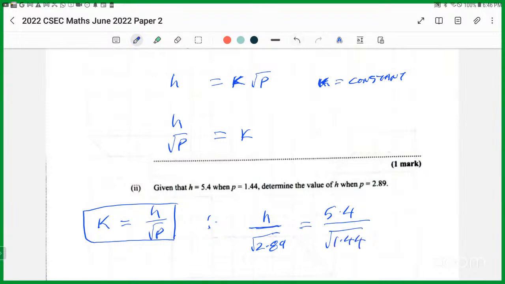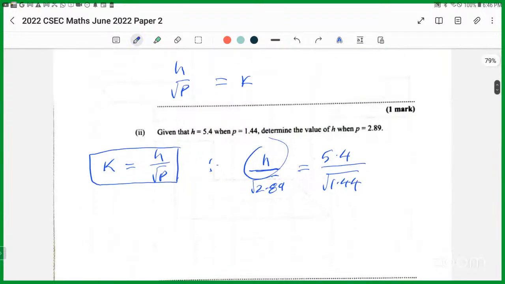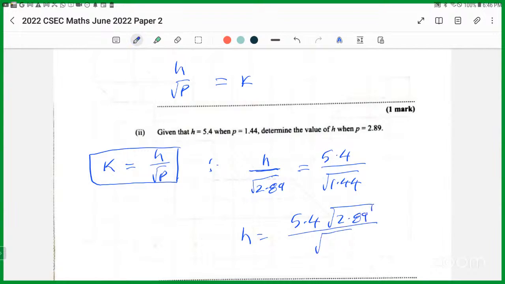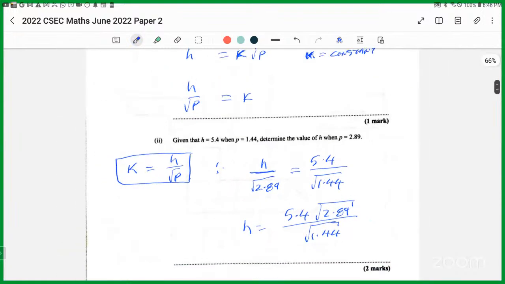1.44. So to find the h now, we'll take this denominator and multiply it up on the right side here. So the h becomes 5.4 and the square root of 2.89 divided by the square root of 1.44. The other method would be to actually calculate the value of the k first by plugging these values into here and work out the k.